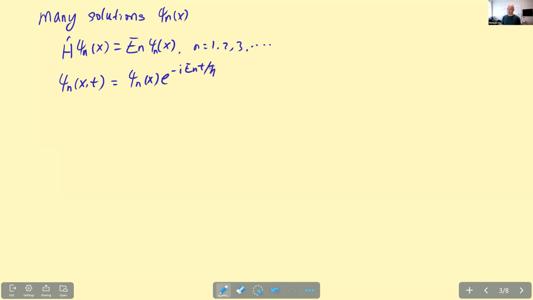And you know that this time-dependent Schrodinger equation is linear. It's a linear PDE.